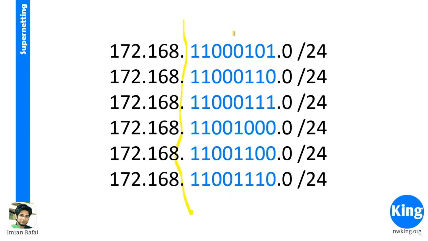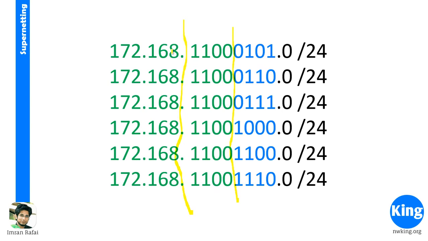Now, the first 4 bits don't change at all. It's only the last 4 bits that change. So the green part does not change at all if you compare these 6. Only the last 4 bits are changing, right? So how do we convert this into one network?